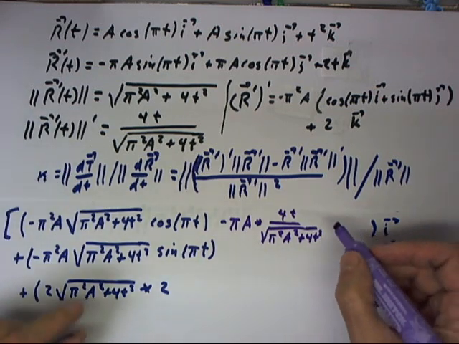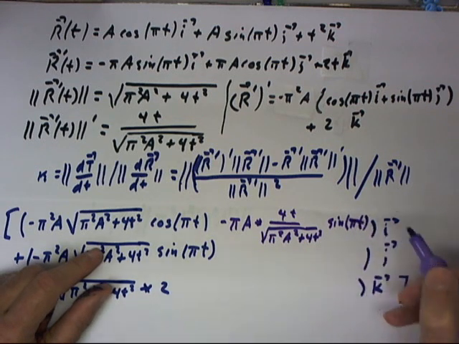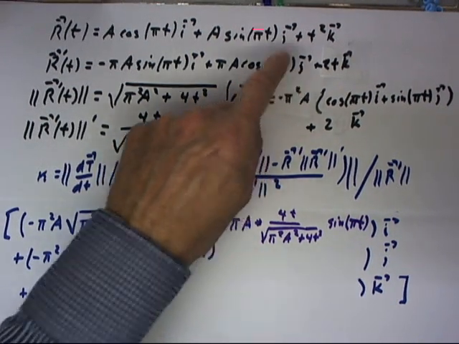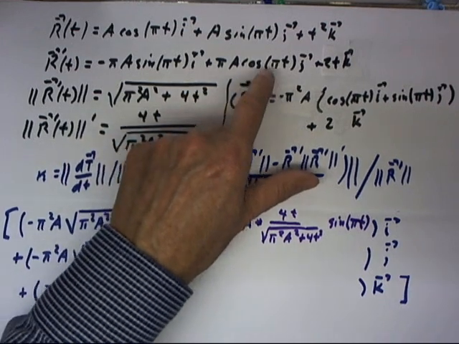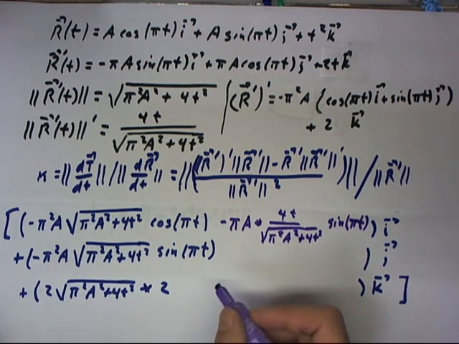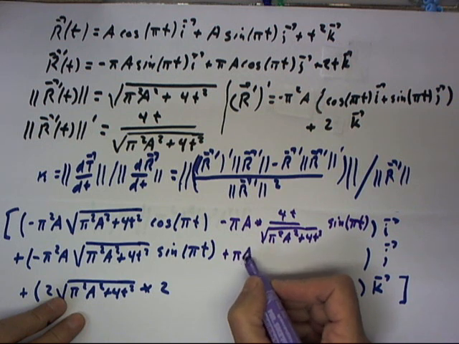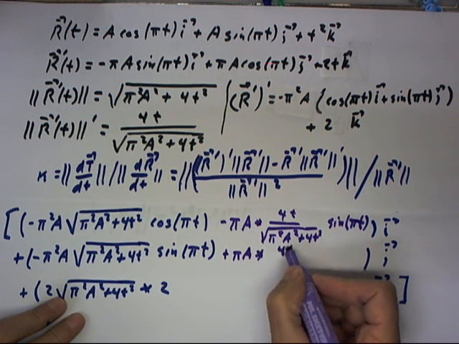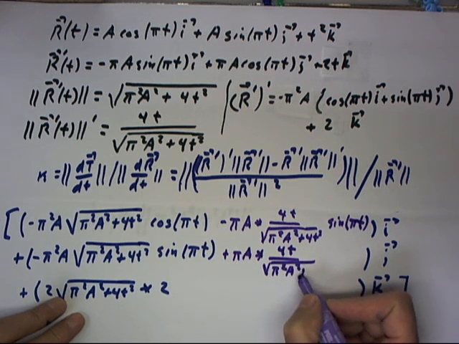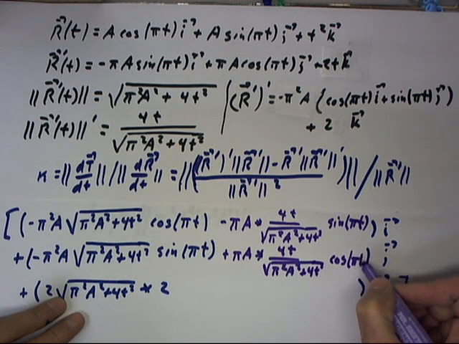And that's going to be times the sine of pi t. On the j component, we're going to have a plus pi a cosine of pi t multiplied by the same. So it's going to have a structure very similar to this term, and that's just going to be plus pi a times, again, 4t over the square root of pi squared a squared plus 4t squared, but then that's going to be times the cosine of pi t.